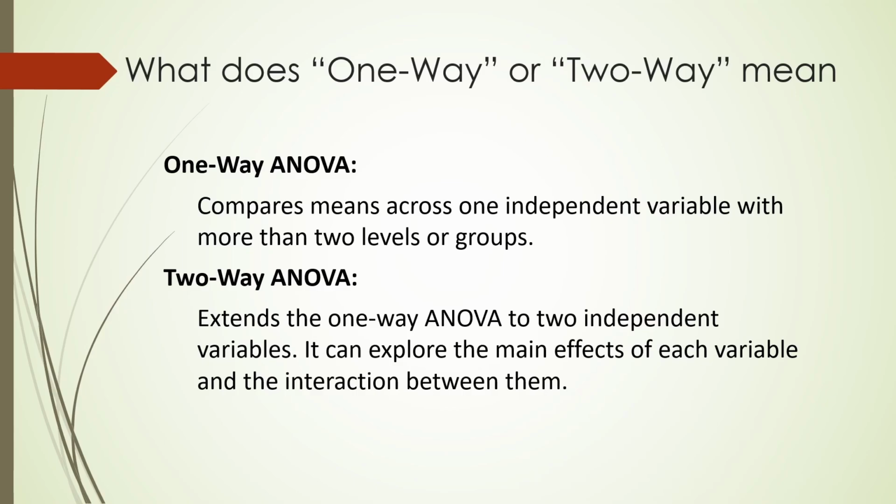Two-way extends the one-way ANOVA to two independent variables. It can explore the main effects of each variable and the interaction between them. For example, in two-way, it has two independent variables, and it can also have multiple levels. In the data that we're going to use, we have gender and subject.